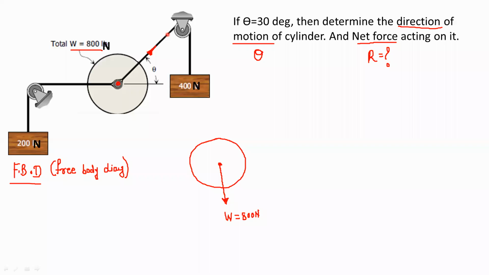And this tension is created because of the 400 Newton force, or the weight which is connected to this cable, whose value is 400 Newton. So this force will transmit through this cable up to this point. So this is the direction of that tension. So now the vector is visible. We have to show the vector along the same direction as this cable. So I will draw the force using a vector like this.